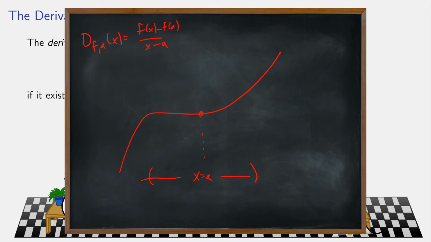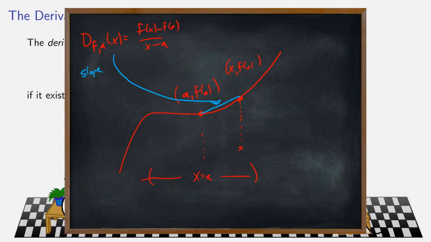Now, this point right here, the x coordinate is a and the y coordinate is f of a. If I take another point over here for some other value of x, I now have the point x comma f of x. Now if I connect these two points with a straight line, there we have it, the slope of that line is given by the difference quotient.